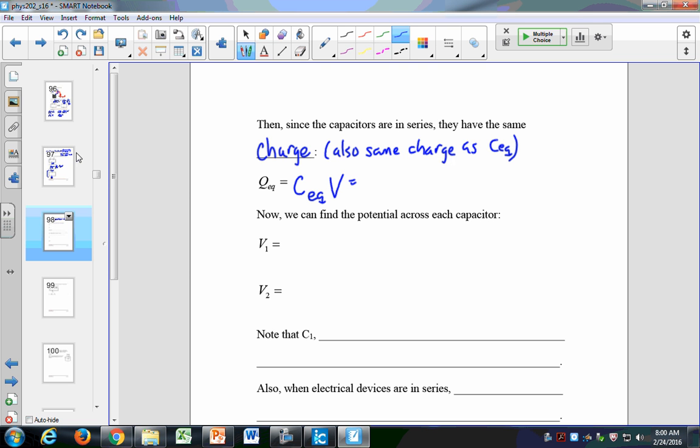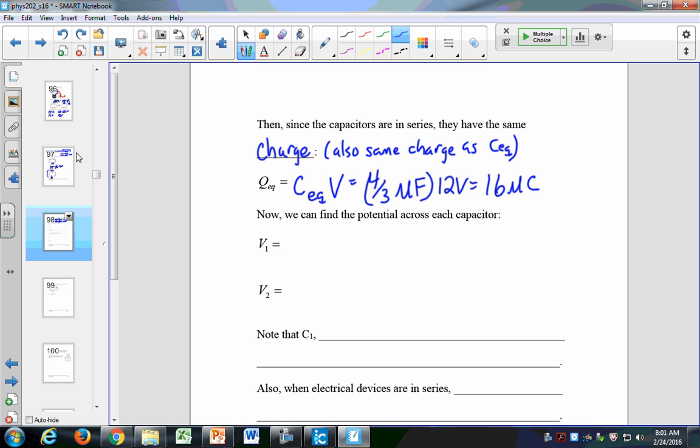My C equivalent was 4/3 microfarads times the voltage, which is 12 volts. 3 goes into 12, 4. That's going to be 16 microcoulombs. 4/3 of 12 is 16.